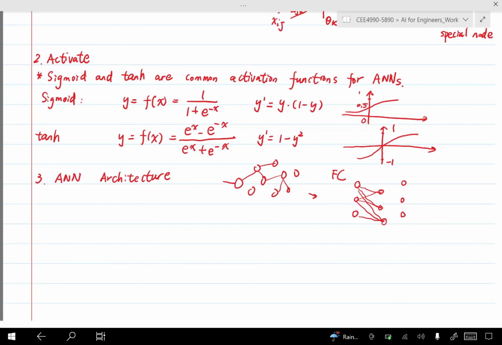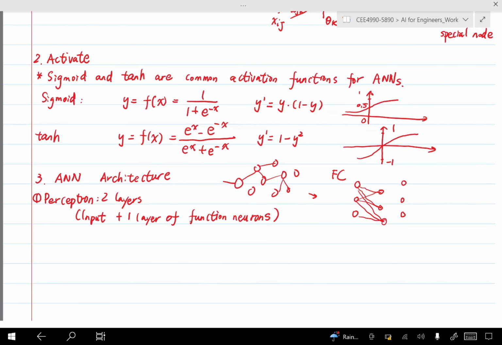That's the architecture. Also, at the very beginning, it was hard to deal with multiple layers. So people tried to deal with fully connected neural networks with only 2 layers. That's a classic architecture called a perceptron. A perceptron only has 2 layers: one is an input layer, and the other is a layer of function neurons.